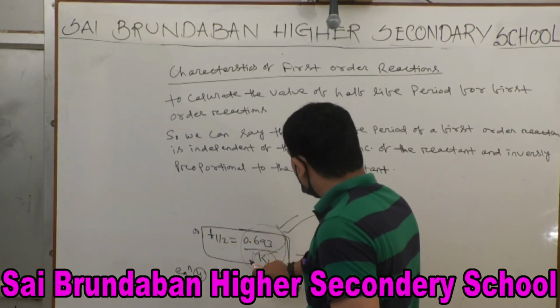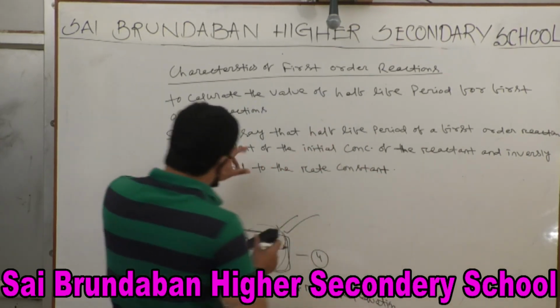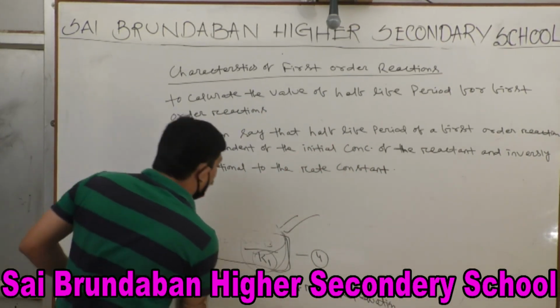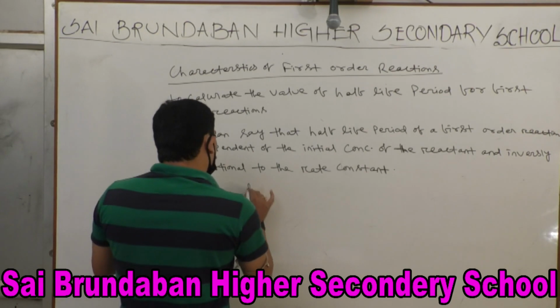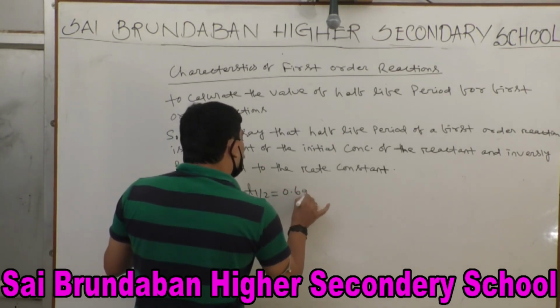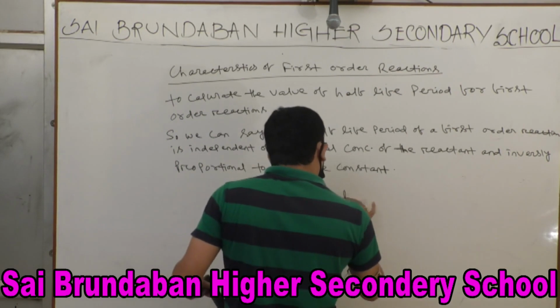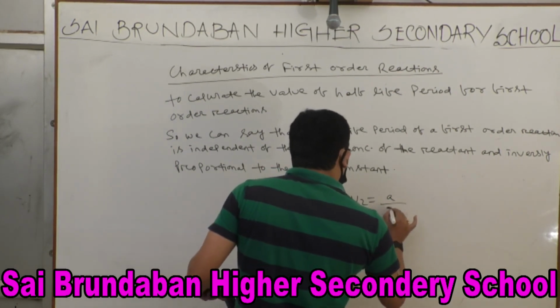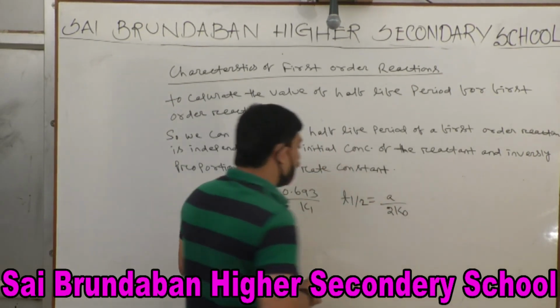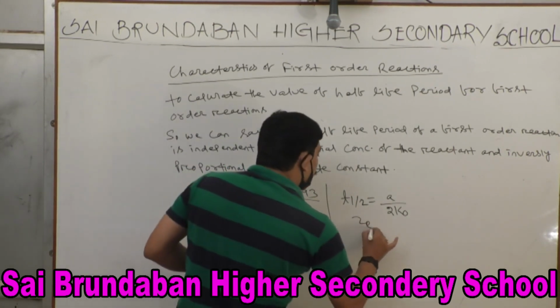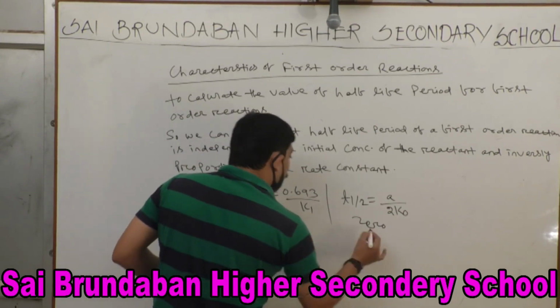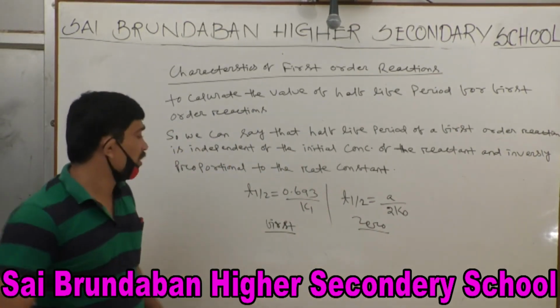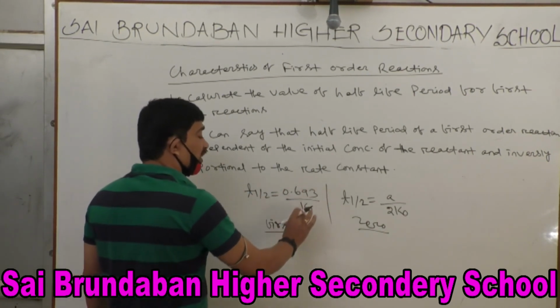There is a rate constant, inversely proportional, but if we compare this to the zero order reaction, we have already discussed that. Look at first order: T half equals 0.693 by K1.